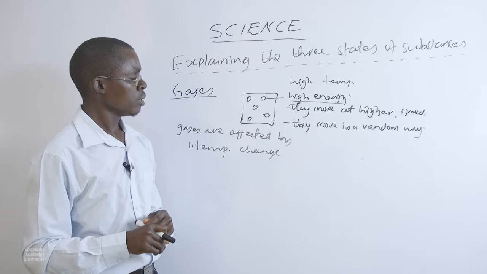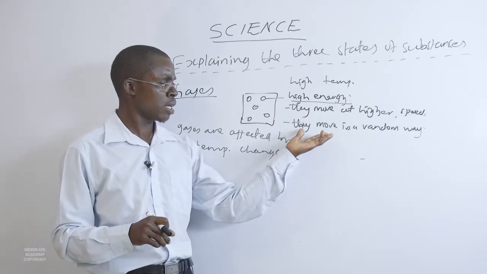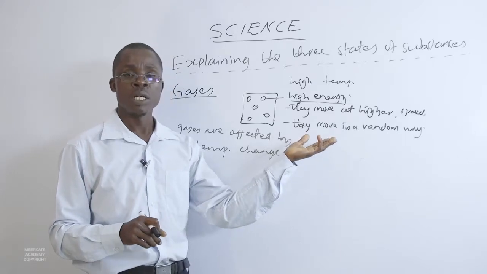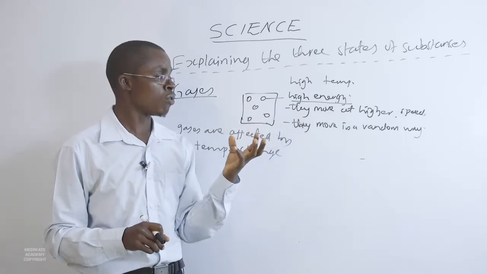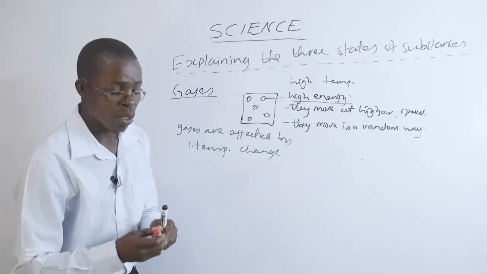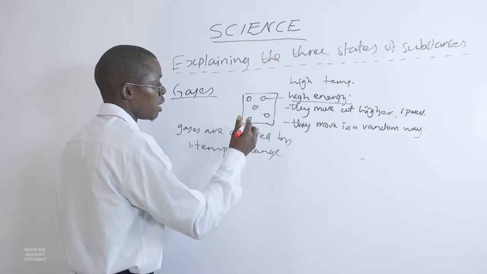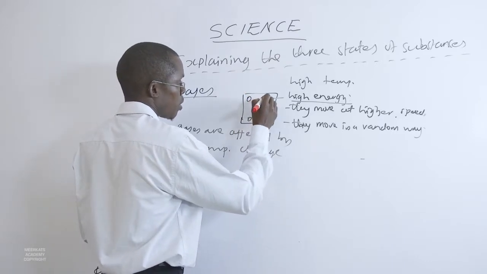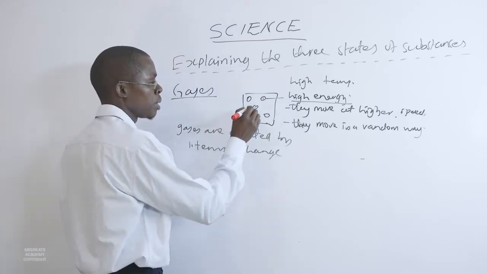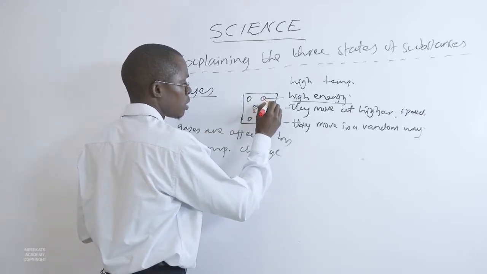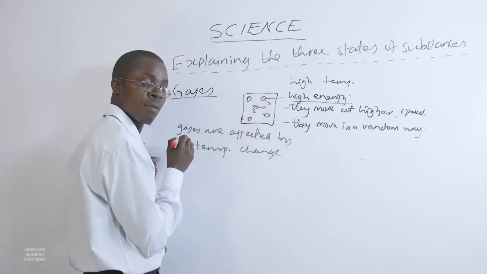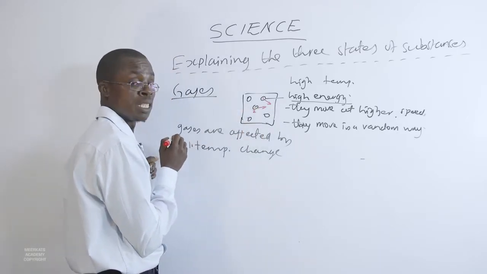Now, the other aspect that we need to understand very well is why the movement is random. This is because as these particles move, let's take this one to be particle number 1 and this one is particle number 2. When particle 1 is moving towards, let's say, this side, and this one is moving towards the same side, there are two possibilities.